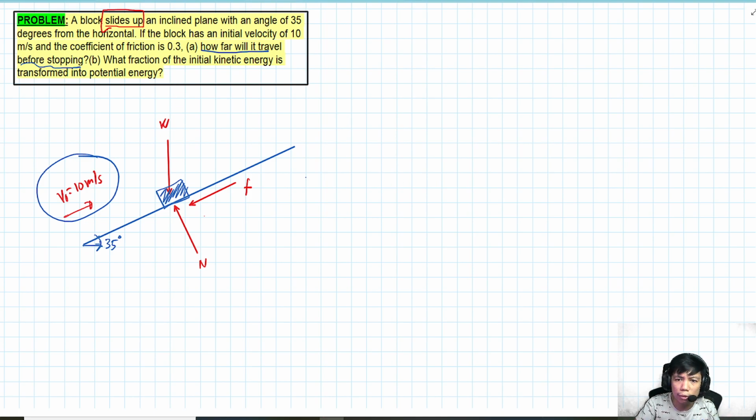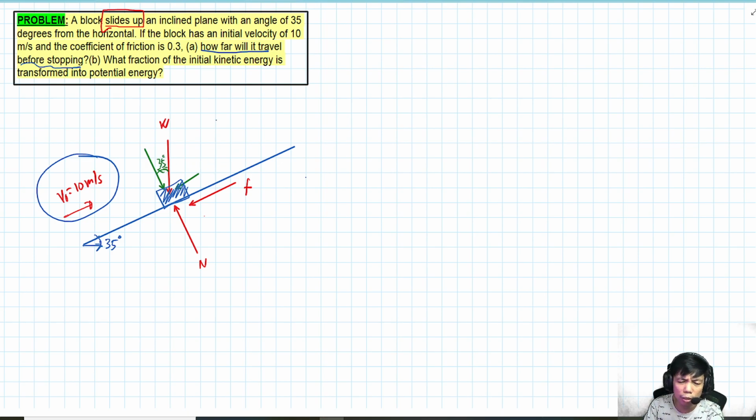Okay? So, ito yan. Iba natin kulay. Meron tayo dyan pababa na component. Okay? Pababa. And then yung normal sa plane. So, yung ating along the incline, kung ito ay 35 degrees, so ito rin guys, 35 degrees yan. Okay?